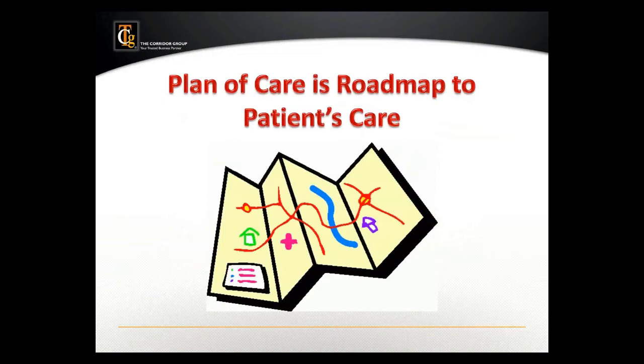Both on the visit and at the IDG meeting, we seem to fall into habits of talking about the last visit or talking about one particular problem that we're having with the patient instead of looking at the overall plan of care for the patient and what it is that we're trying to accomplish. Have we accomplished that? What's been the patient's response to our interventions?